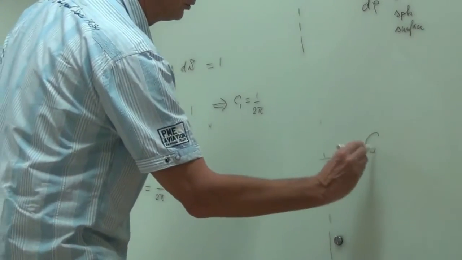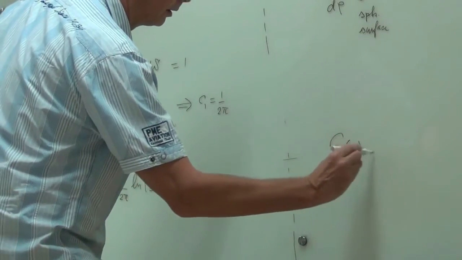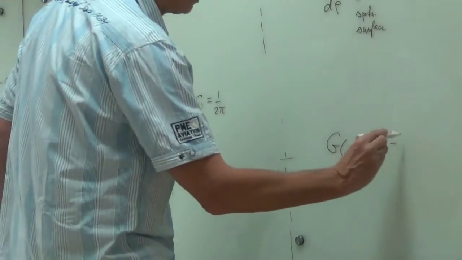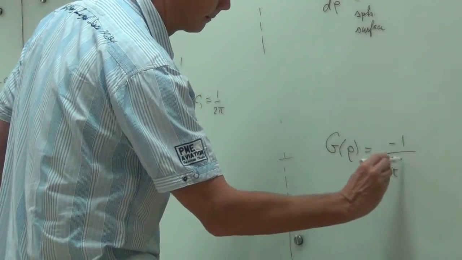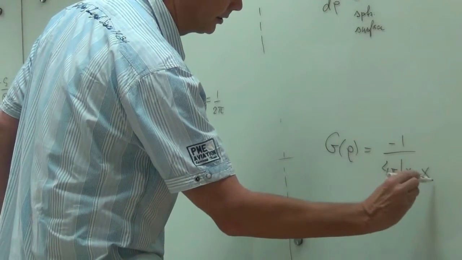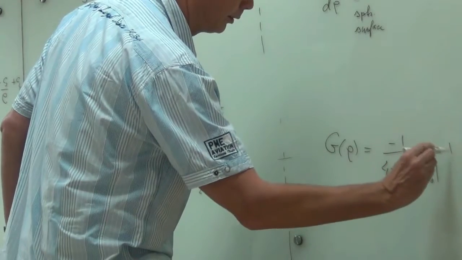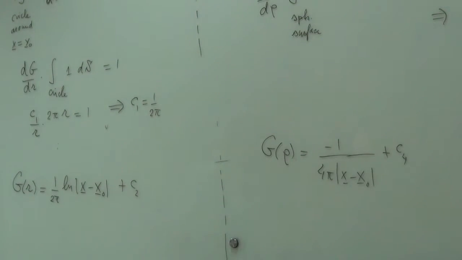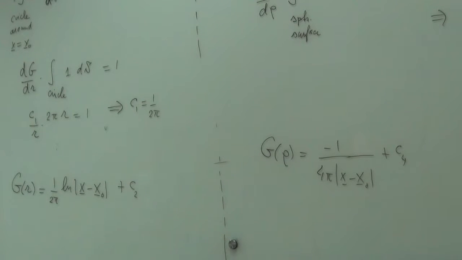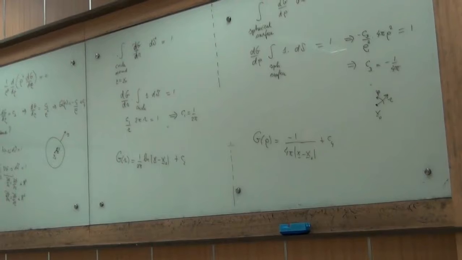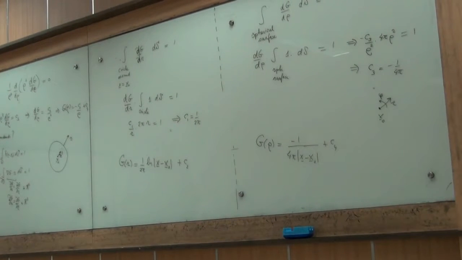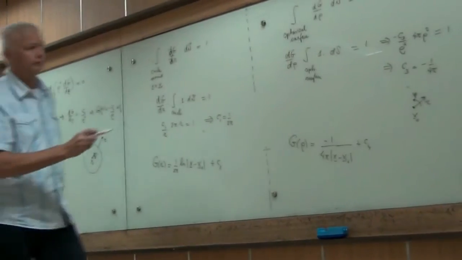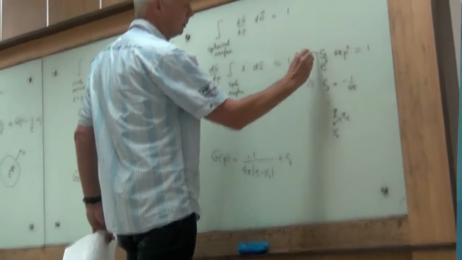And here I found G(ρ) is equal to minus 1 over 4 pi x minus x0 plus c. I think we don't need the minus sign on C2 because the derivative of G over ρ is... Oh, yeah. Did I do some? The G(ρ) is this, eh? Plus.